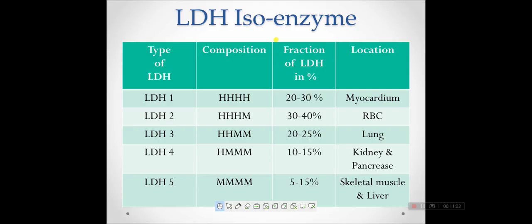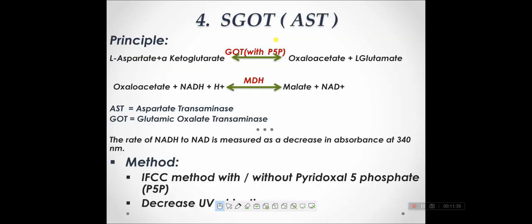LDH3 is 20 to 25% of the total fraction, and it is located in the lung. LDH4 is 10 to 15% of the total LDH, and it is located in the kidney and pancreas. LDH5 is 5 to 15% of the total fraction, and it is located in the skeletal muscle and the liver.